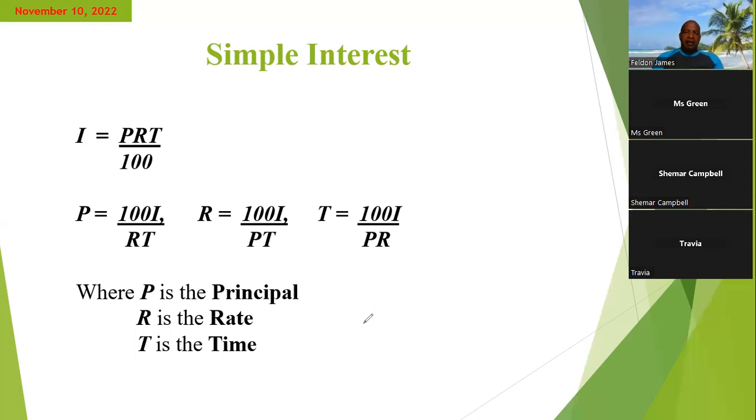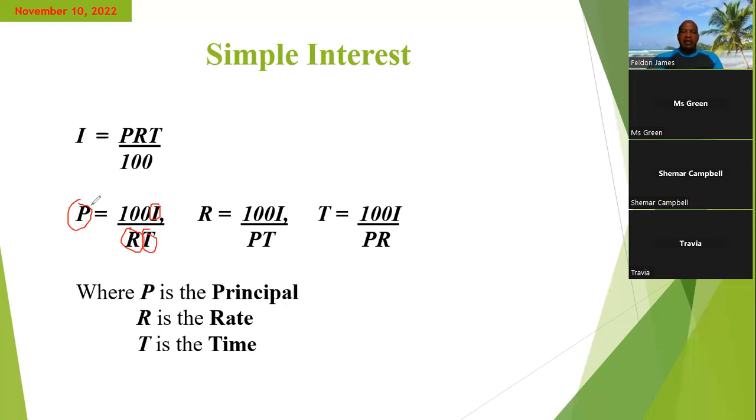All right, so we have 3 other formulae. And this formula here is for when we are trying to find the principal. Now, if we are trying to find the principal, it means that we would know the interest, the rate, and the time, all right?